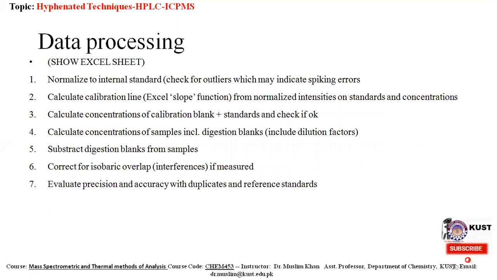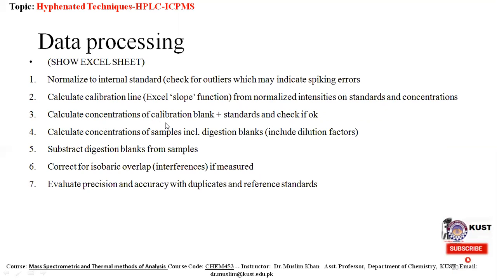Once you perform your experiment, you process the data, which is a very important part of your experiment. In an Excel sheet, normalize to the internal standard, check for outliers which may indicate spiking errors, and calculate the calibration line from normalized intensity and standard concentration.